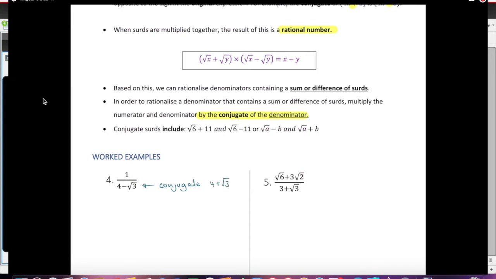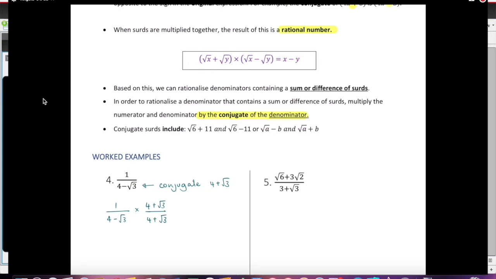So rewriting this, I'm going to have 1 divided by 4 minus root 3 multiplied by 4 plus root 3 divided by 4 plus root 3. Again, remember, we're not trying to change the question. What I'm actually doing is just multiplying the original expression by 1.